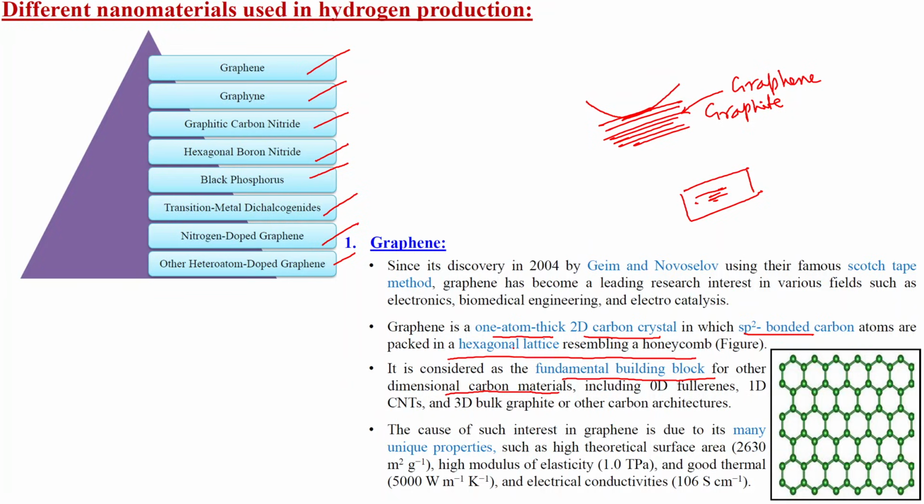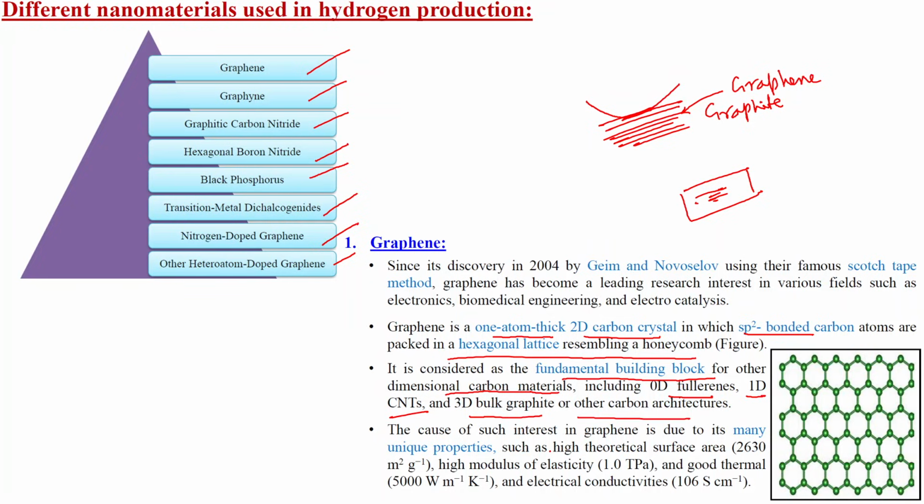And graphene is a fundamental building block of various other nanomaterials also. It is a fundamental building block for other carbon materials, such as fullerene, then 1D carbon nanotubes, then 3D bulky graphite, and other carbon architectures can also be built using graphene. Okay.